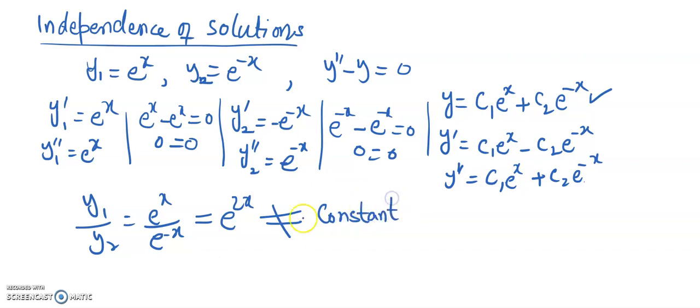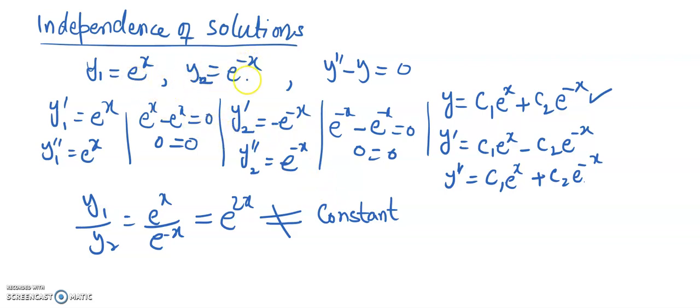So here we can make one conclusion: if we find two such solutions whose linear combination is also a solution of this homogeneous linear equation, then those two solutions are independent solutions.